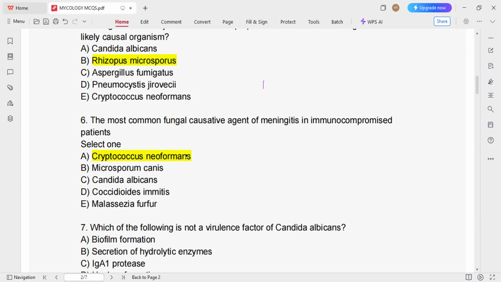When you're using India ink stain, you'll see the capsule. We call it the halo appearance, a clear halo appearance. And then when you're doing it with Sabouraud dextrose agar, what will you see?